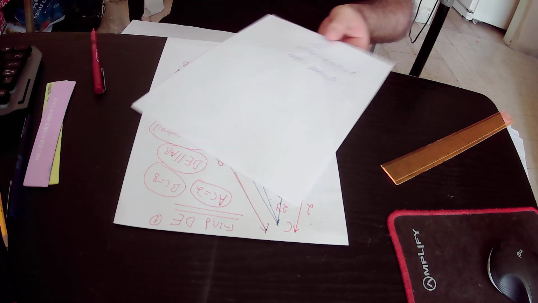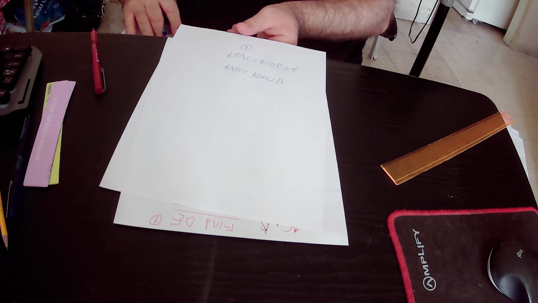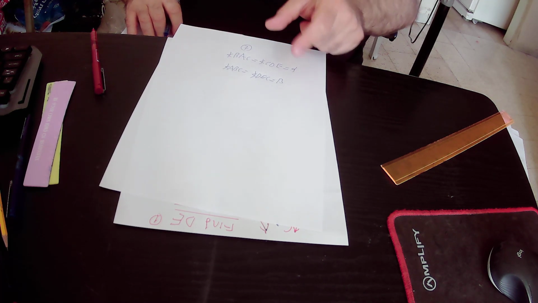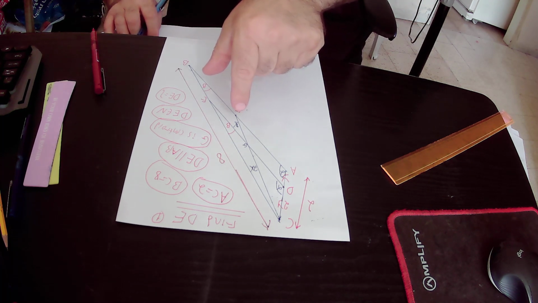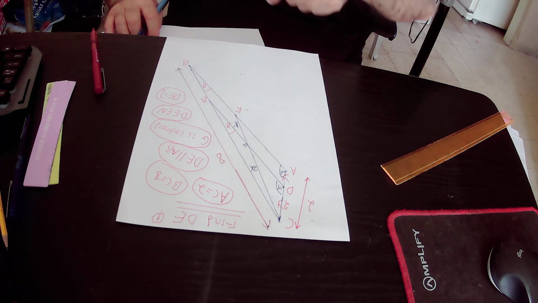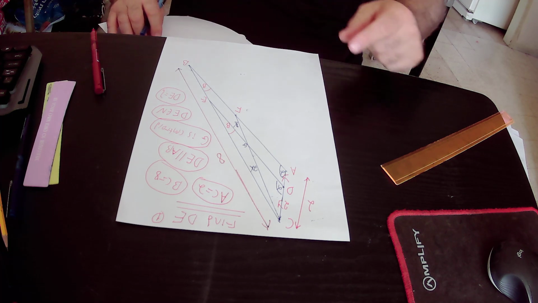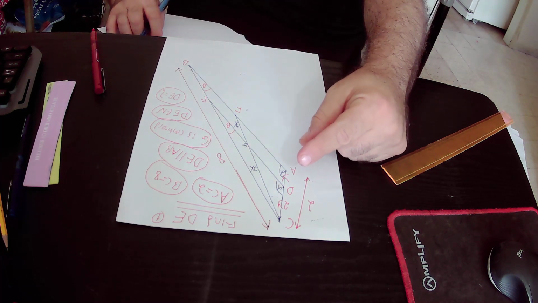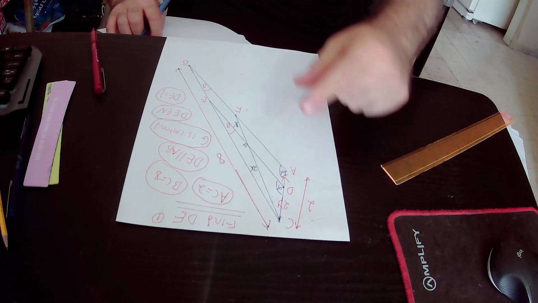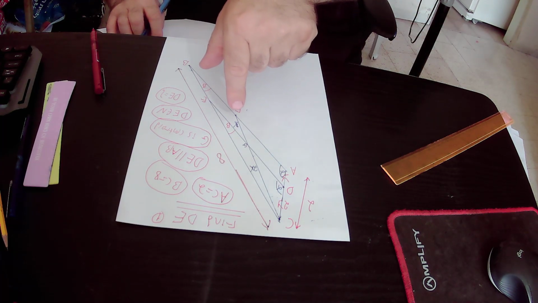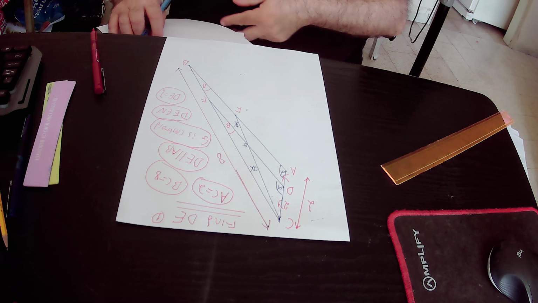Okay, angle ABC equals angle DEC, and both are equal to beta. So we found out that those two angles are equal to each other and they are equal to alpha, and those two angles are also equal to each other and they are equal to beta.